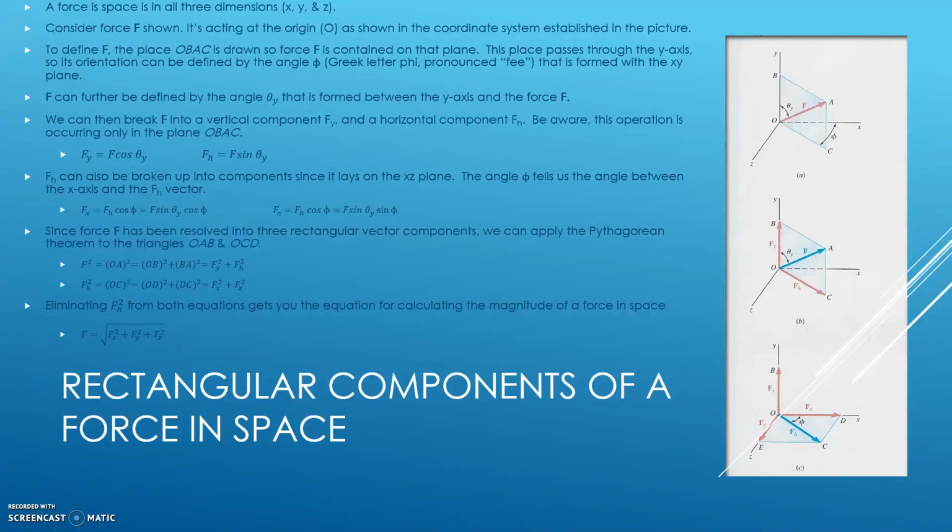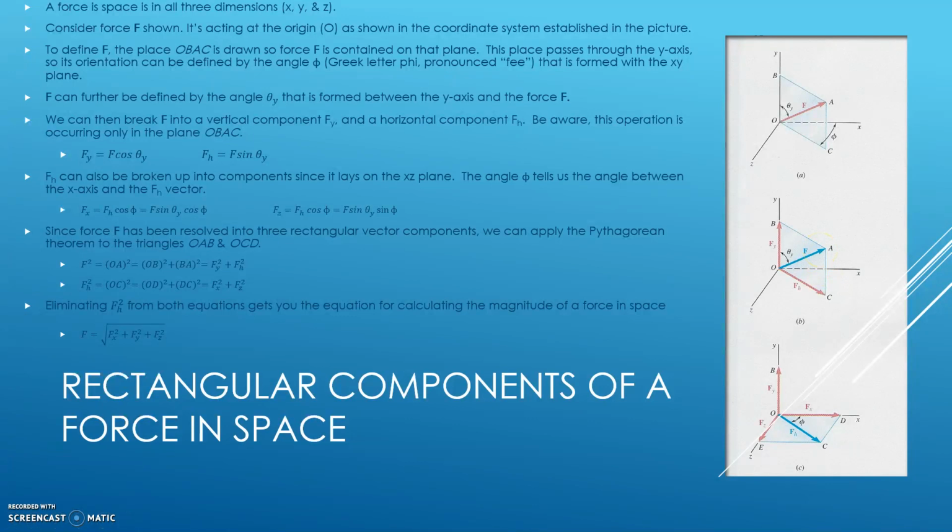So what we can do then is break this force up into two pieces. Right now this force can be broken up into a horizontal part, this F sub h part, and we can find the y component if we know what theta y is. That is our horizontal and our y component.